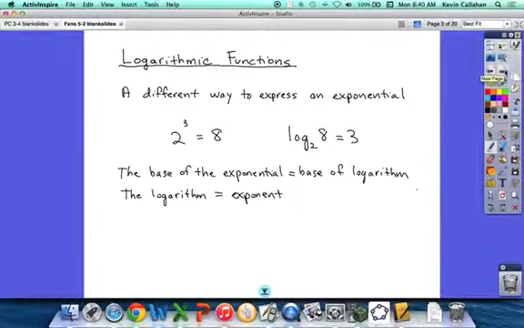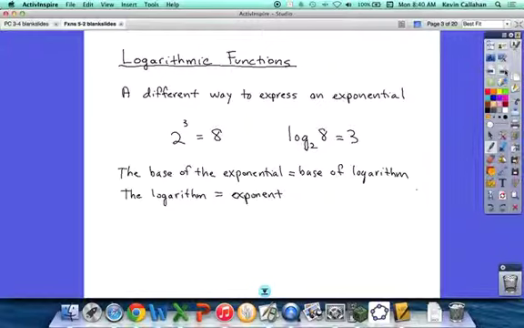So logarithmic functions are a different way to express an exponential. It's the same relationship, it's just reordered in a different way. For example, 2 to the third equals 8, right?